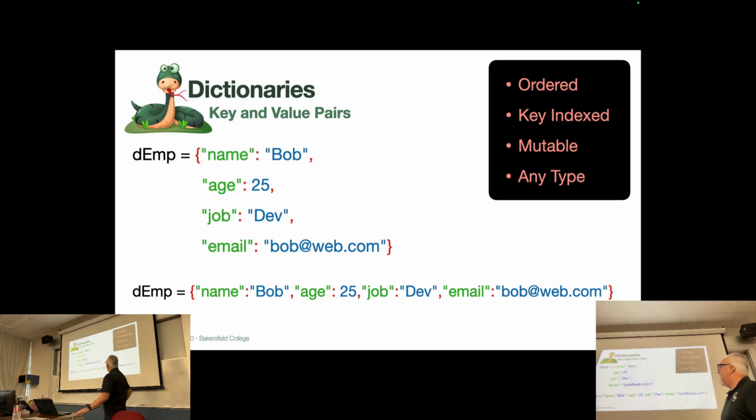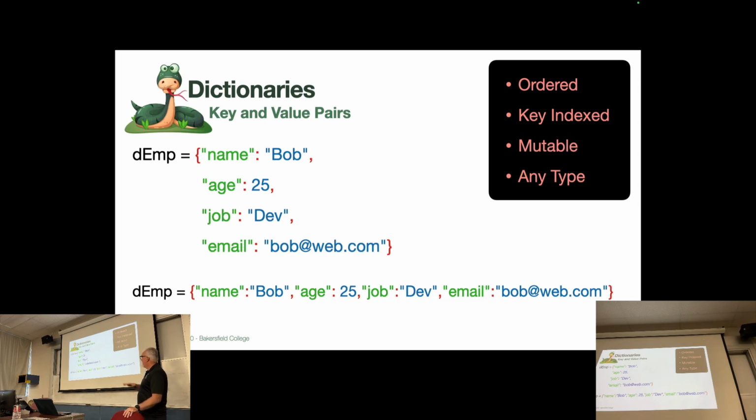So dictionaries are in fact ordered, meaning that they generally speaking keep things in the same order. But we don't care anymore because we're not using an index. It doesn't matter if name is first or last on that list because I'm always going to refer to it using its label, which is name. The label also known as a key.